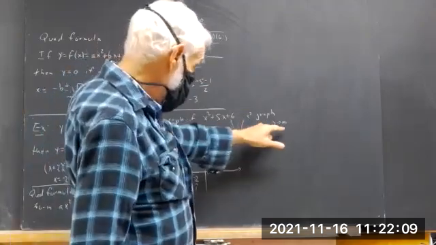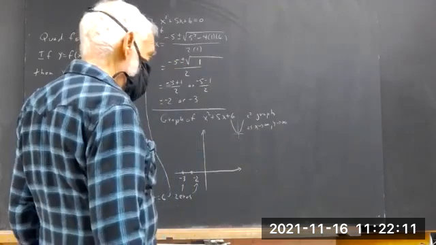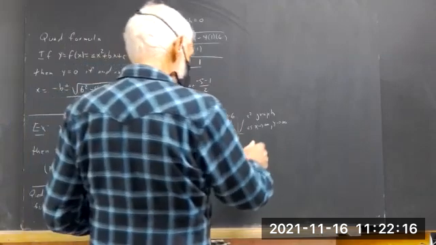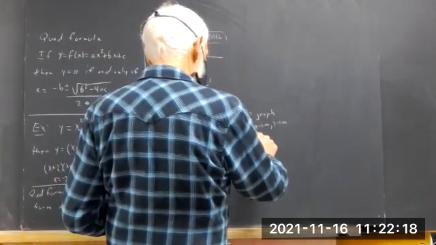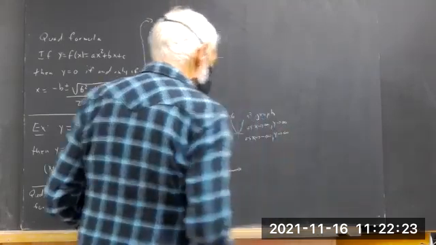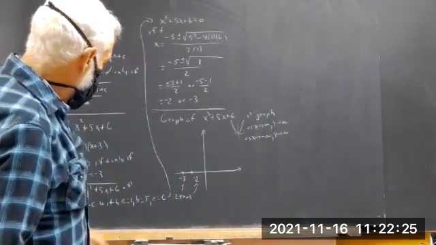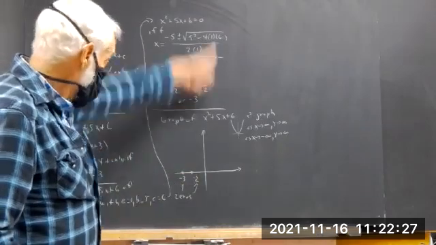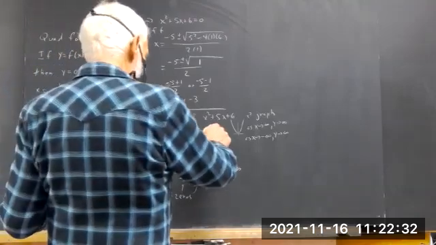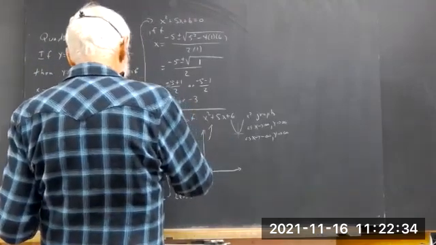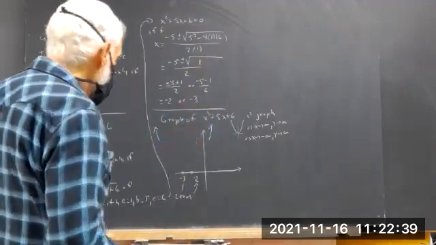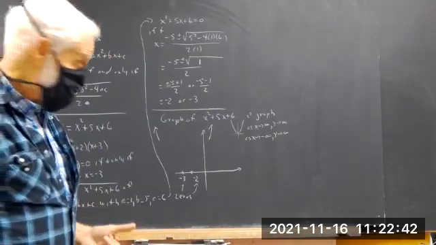Y approaches infinity if you go this way, too. So you've got a graph that goes through these 2 points. It goes to infinity this way and infinity this way. You can indicate that by an arrow this way and an arrow this way, indicating that it goes up this way. You can also find the y-intercept.